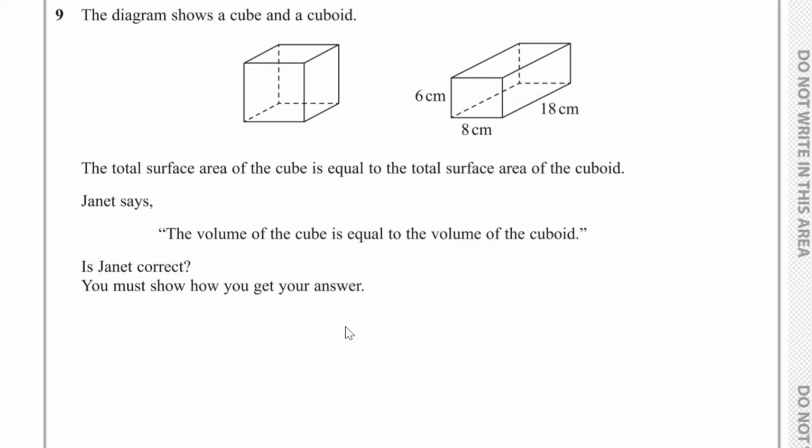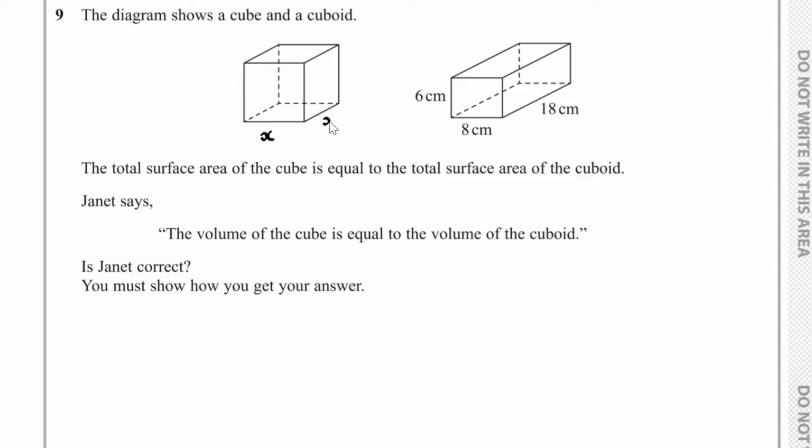For question number 9, the diagram shows a cube and a cuboid, and the total surface area of the cube is equal to the total surface area of the cuboid, and Janet says the volume of the cube is equal to the volume of the cuboid. Is Janet correct? You must show how you get your answer. Well, because we have a cube, the dimensions of each length will be the same.